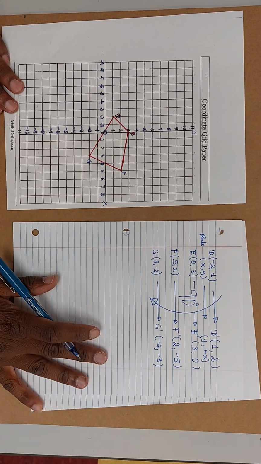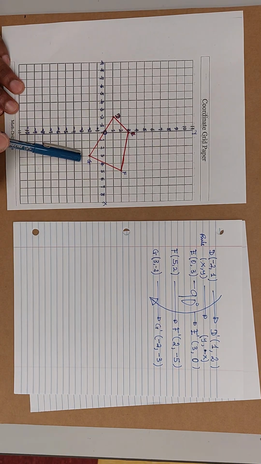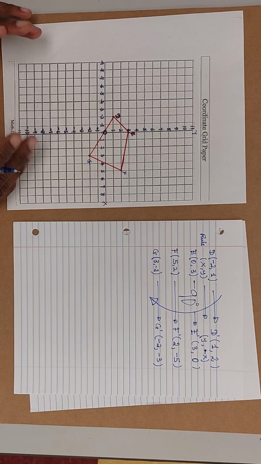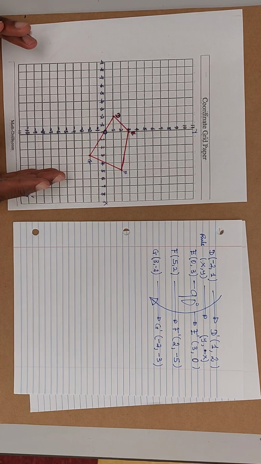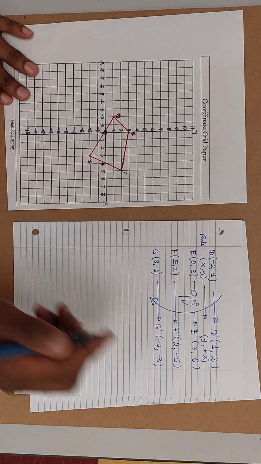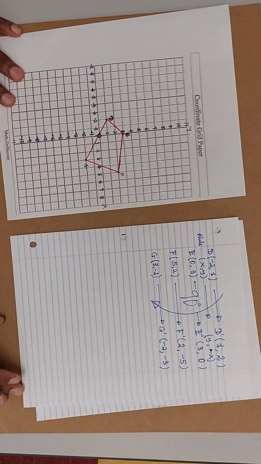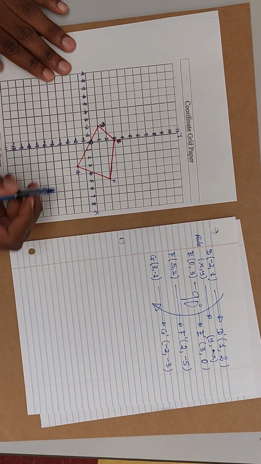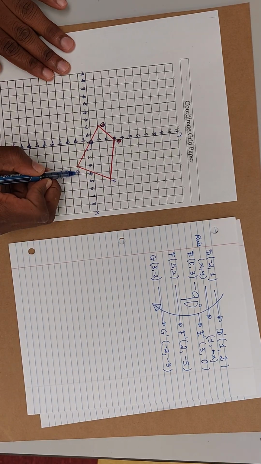if we now have to draw the image of this quadrilateral after the rotation, we need to keep our coordinate grid back in its original position and then plot all these coordinates. So let's get D prime. So D prime is 1, 2.